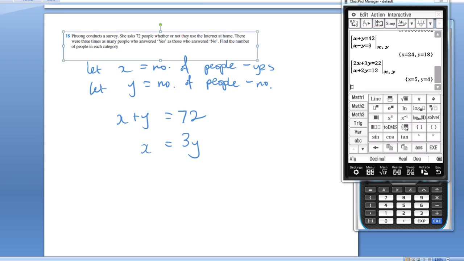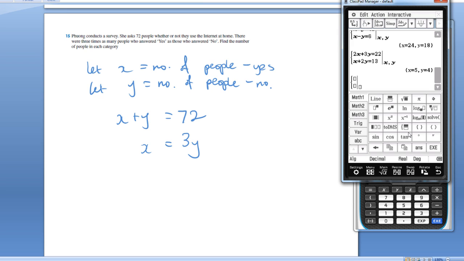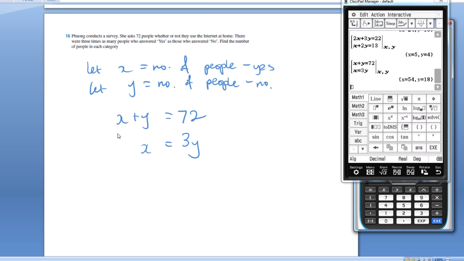Once again, let's go to the template and we'll go x plus y equals 72 and x equals 3y, and x comma y. Execute. That's saying that x is 54 and y is 18.